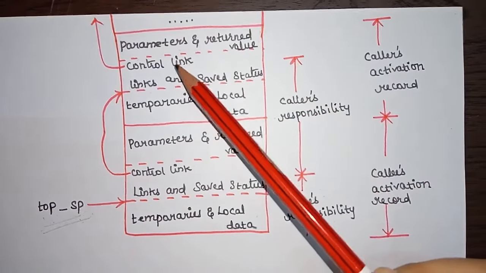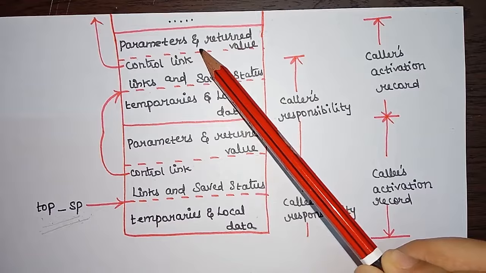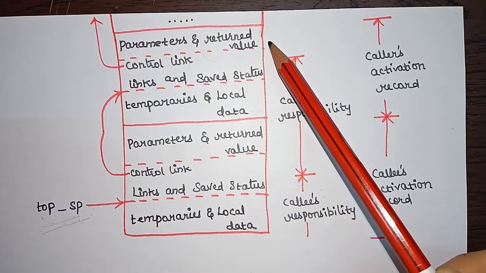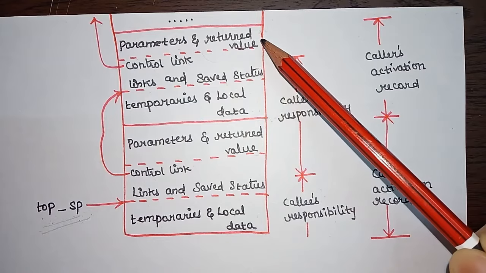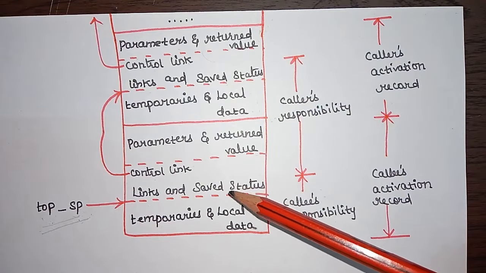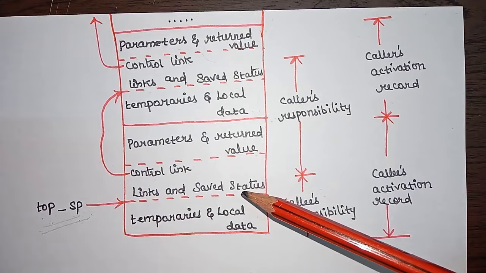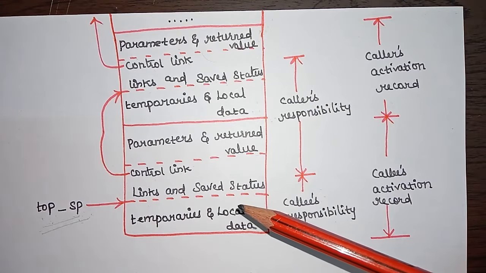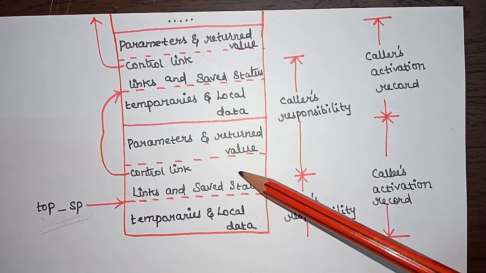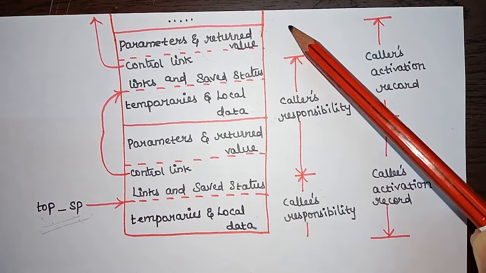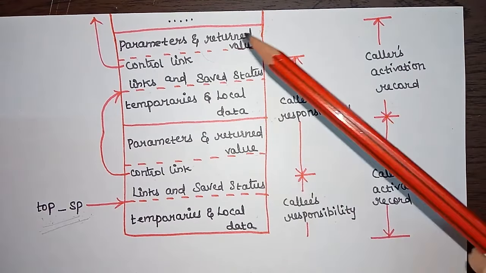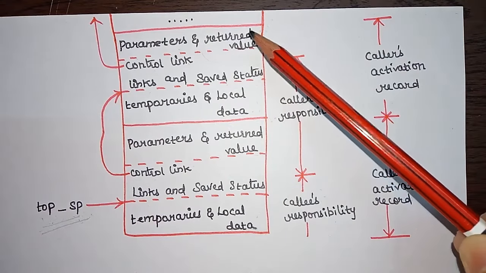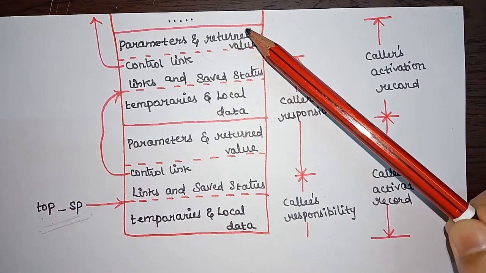Why? Because the caller function has the actual parameters, and the values of those actual parameters will be passed to the called function. So first the caller should evaluate these actual parameters.